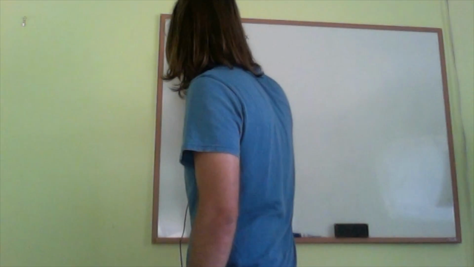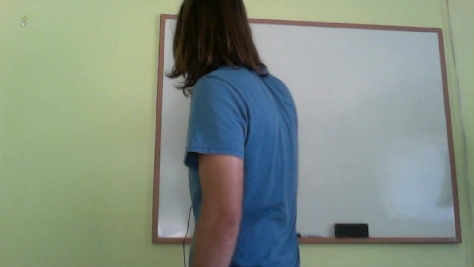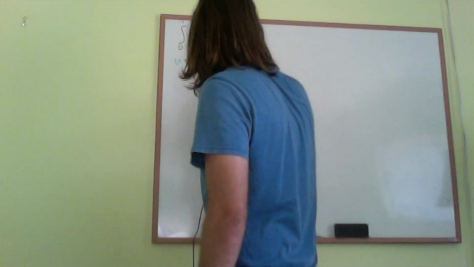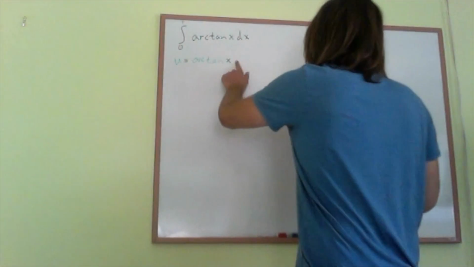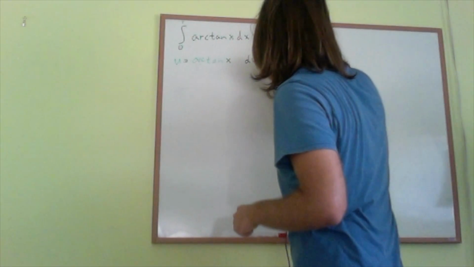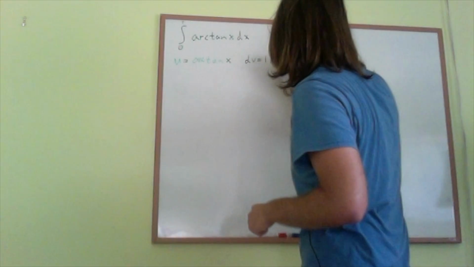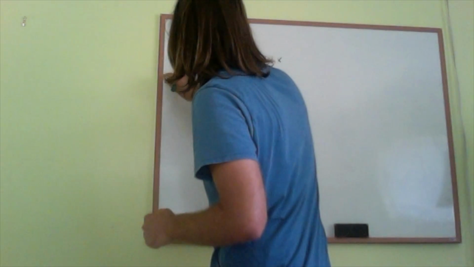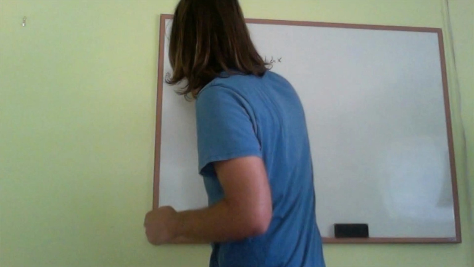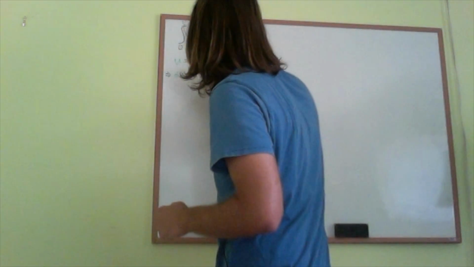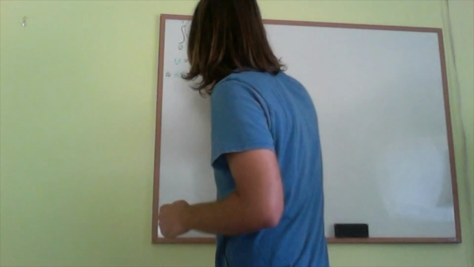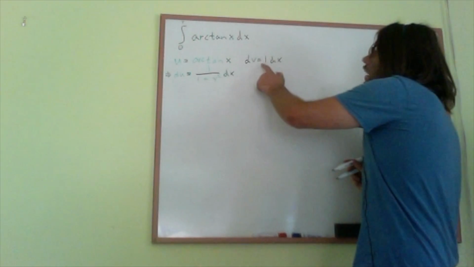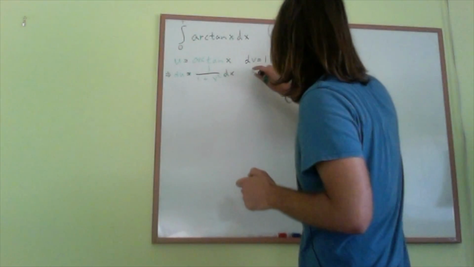So u equal to arctangent of x, and we have dv equal to 1 dx. The derivative of u here is equal to 1 over 1 plus x squared dx, and the antiderivative of 1 is simply x.